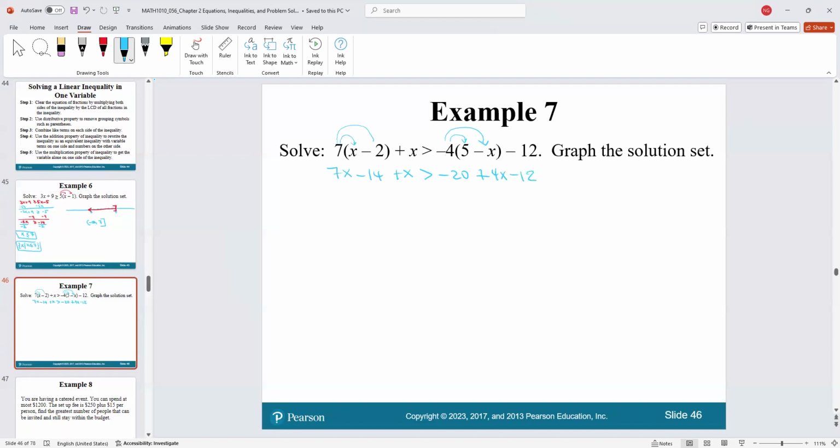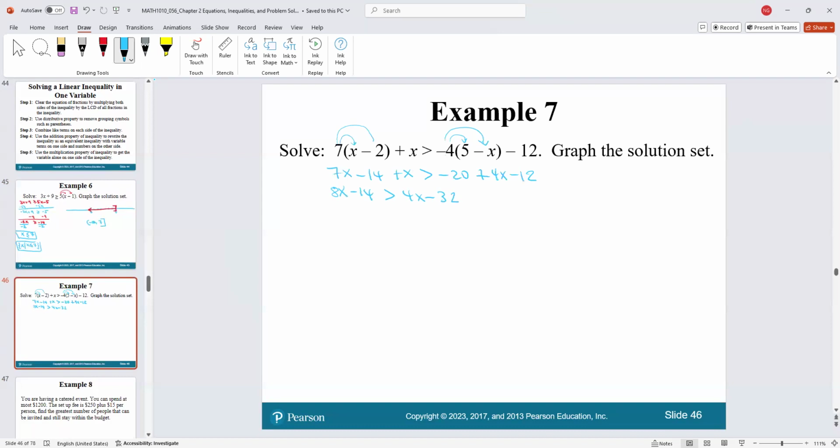Now the next step is to simplify. 7x plus 1x gives you 8x minus 14 greater than 4x, negative 20, negative 12. Two negatives in addition, so you add and keep the sign: negative 32.